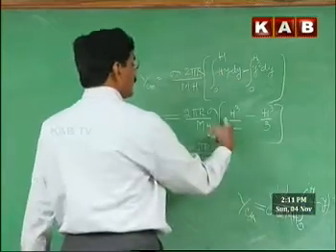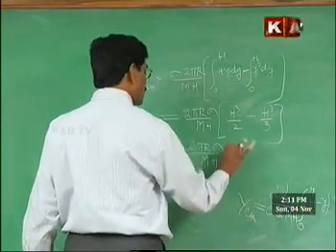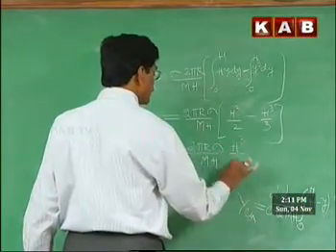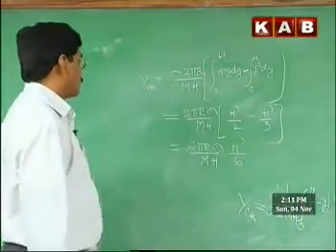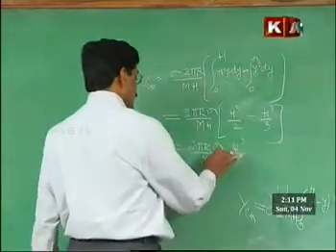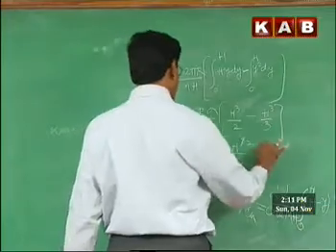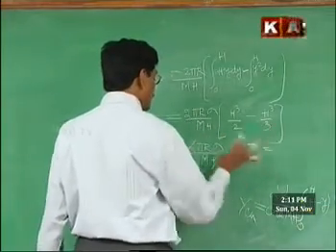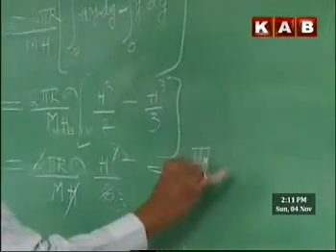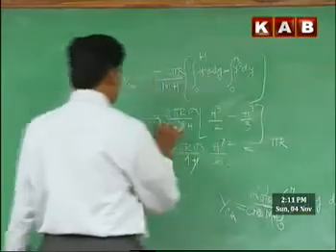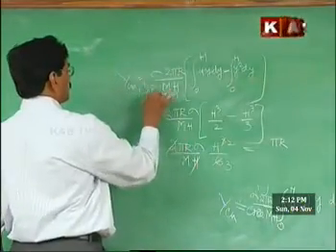Into 3 minus 2 h cube by 6. So this value, one of the h square, h gets cancelled, and also 3, therefore pi r cos theta we have.